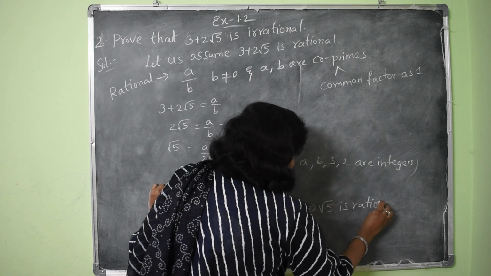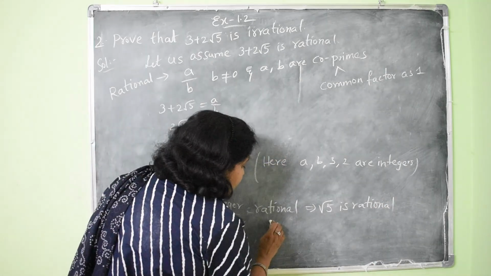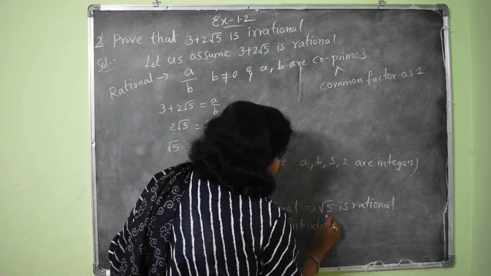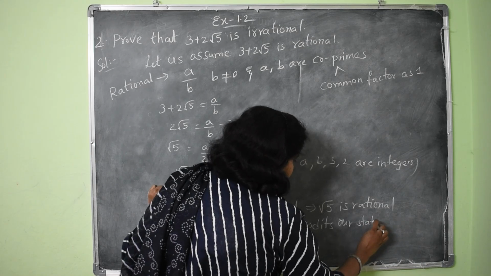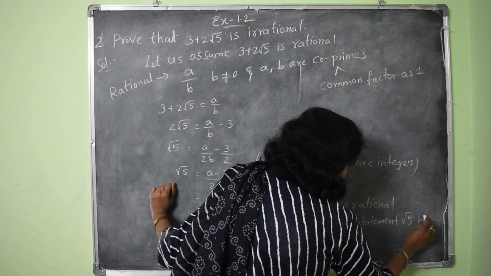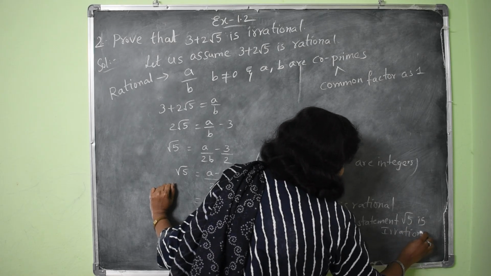But it contradicts our statement that root 5 is irrational. So why did we get that contradiction?